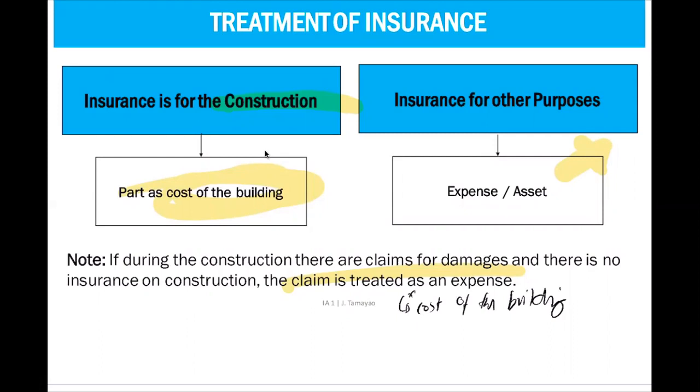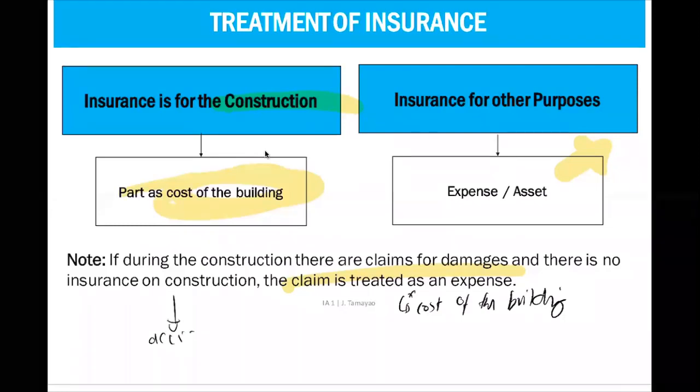Ang gusto ko lang sabihin dito is in case hindi mo siya pwedeng i-claim sa insurance, i-treat mo agad siya as an expense. So for example, binayaran mo yung aksidente muna. Tapos meron kang insurance. So meron kang claim against insurer. Claim against insurer, this is a receivable, credit cash.